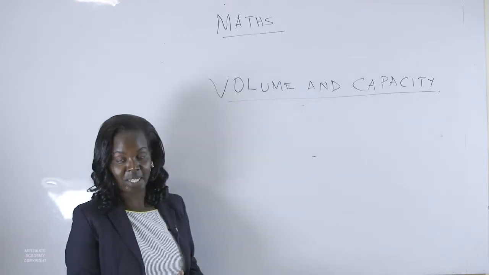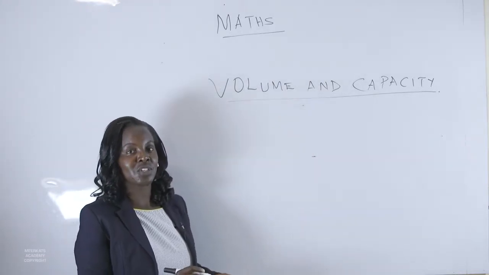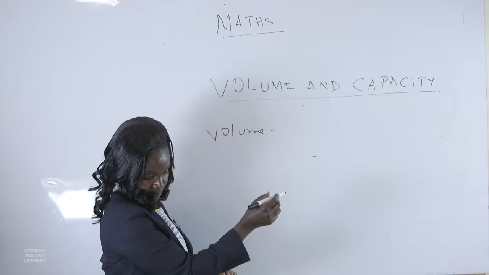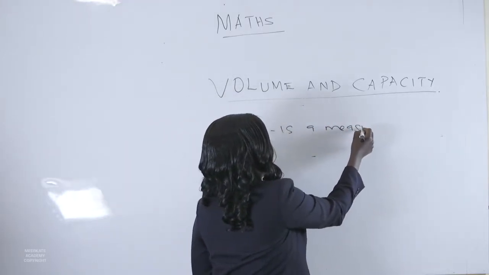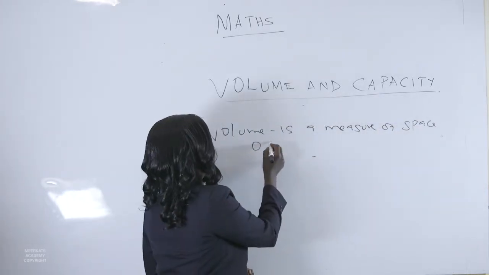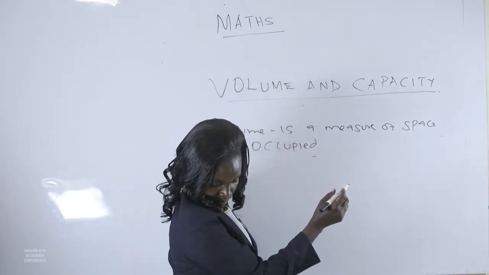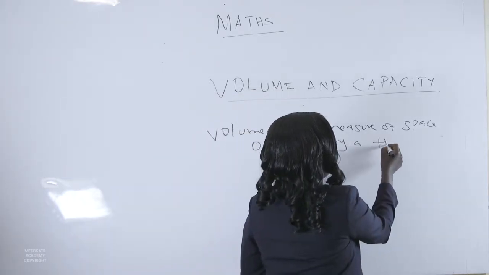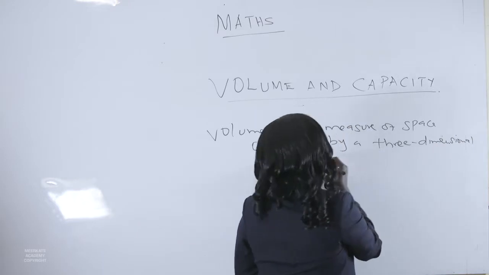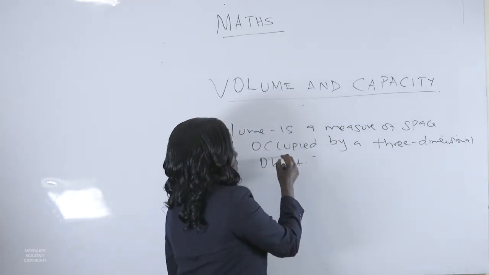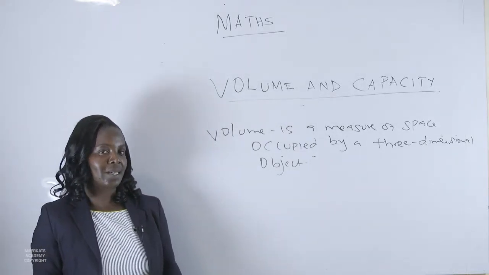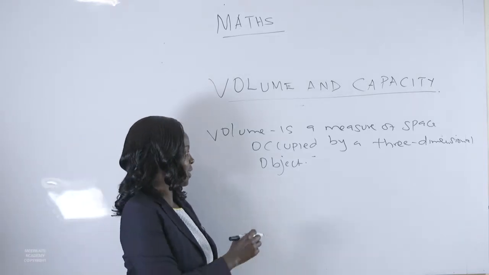Volume is the measure of space occupied by a three-dimensional object. That is volume. It is measured in cubic units.